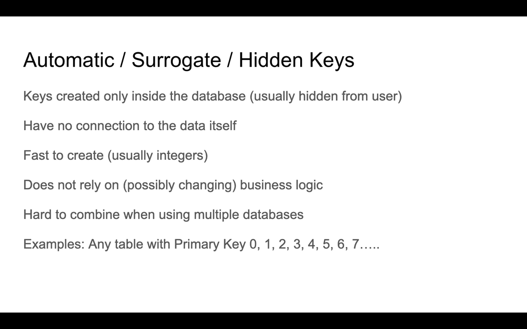But one of the big downsides to it is it's really hard to combine if you have multiple databases, right? So if you merge with another company or something like that, and you are both using automatic keys for your customers, then you're going to have two customer twos. You're going to have a whole bunch of sales to customer number 2, and you won't know which customer number 2 it is.